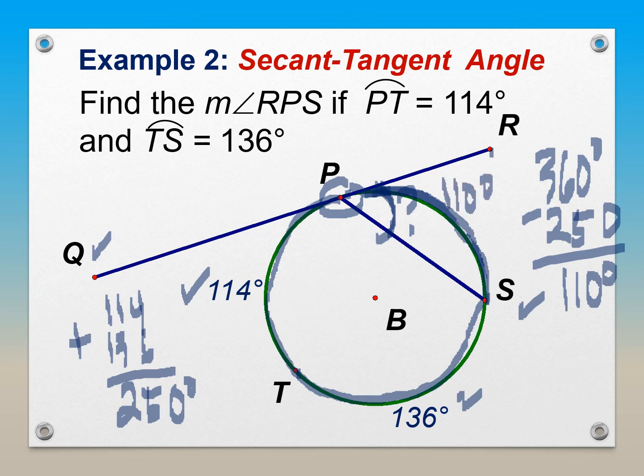Applying the theorem, simply divide the measure of this arc by 2 to get the measure of this angle. So 110 divided by 2 is 55 degrees. Therefore, angle RPS is equal to 55 degrees.